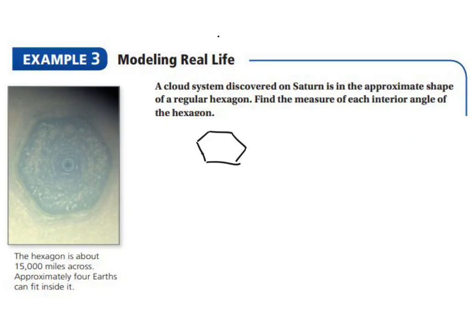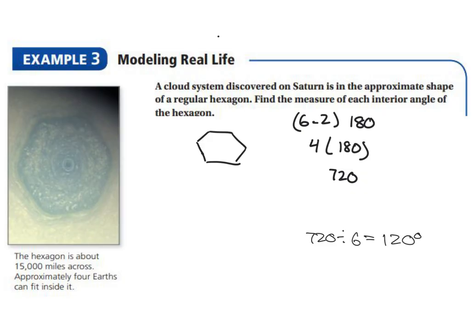But what we do know is that it has 6 sides. So 6 minus 2 times 180 gets us to 4 times 180. 4 times 180 is 720. And 720 then, divided by 6 sides, means that each of the angles is going to be 120 degrees.